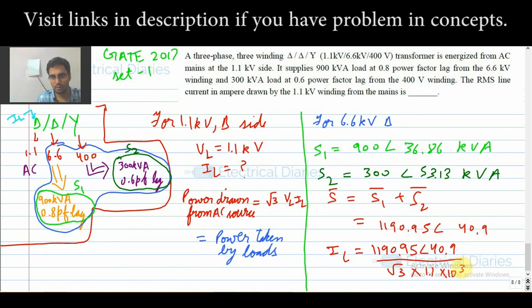Root 3 into 1.1. On solving this, your IL will be 625.1 amps, RMS values.